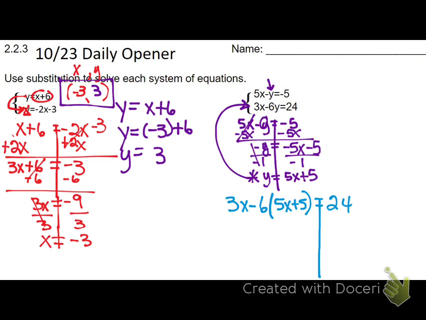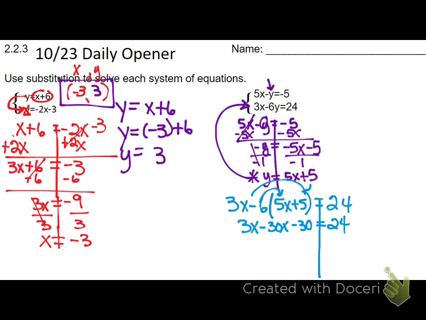Okay. So now I have my equation in which I'm solving for x. What do I do first here? Distribute. Go ahead and do that for me. It's 3x minus 30x plus 30.